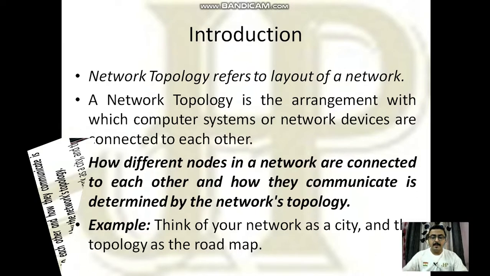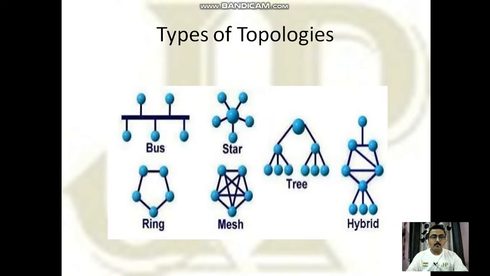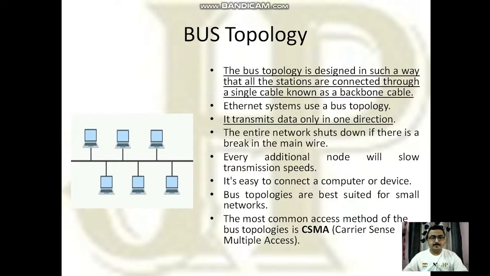How many layouts are available in computer network? Many. And the basic types of topologies are bus topology, star, ring, mesh, tree and hybrid. Okay. So, start with bus topology.